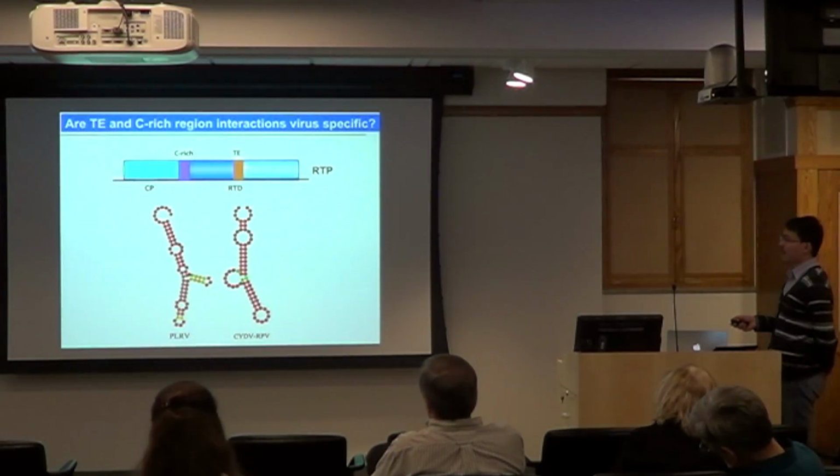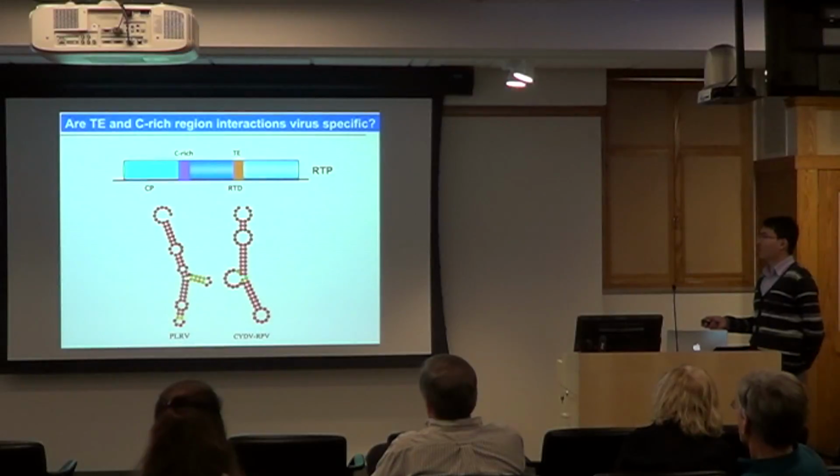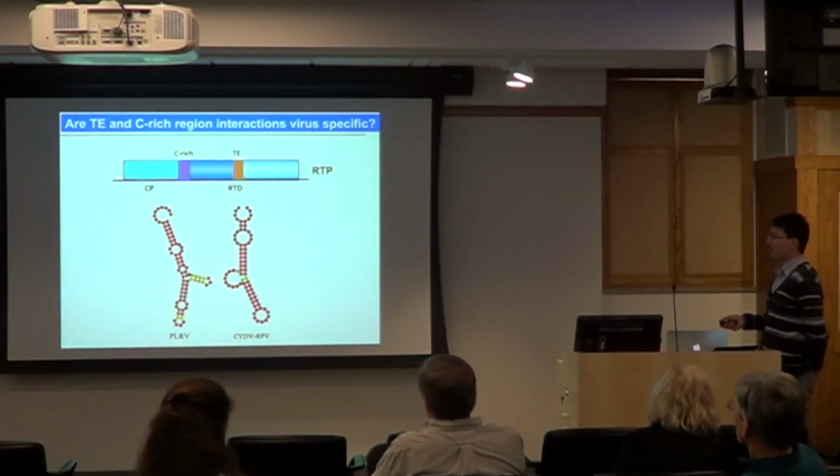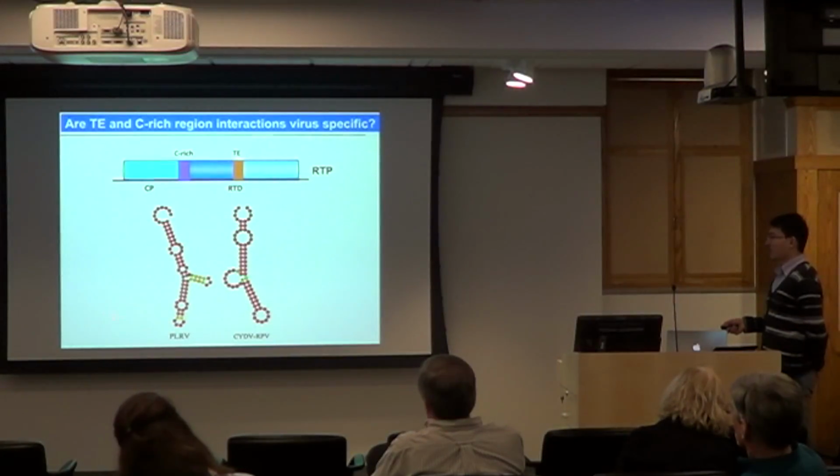I told you that previous work found that the stage element and the translational enhancer are very important for related virus read-through translation, and we found that there is a very similar secondary structure between the two related viruses.